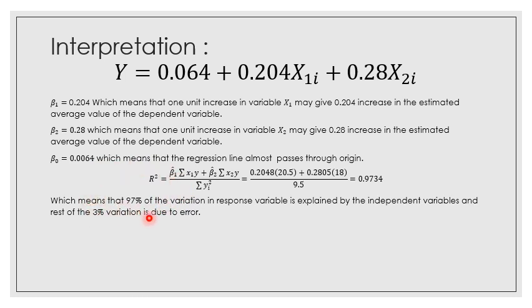Now, using the summations of deviation forms obtained in the last lecture, not in this current lecture, we will have the value of R square 0.97, which means that 97% of the variation in the response variable is explained by the independent variables, and the rest 3% variation is due to error.